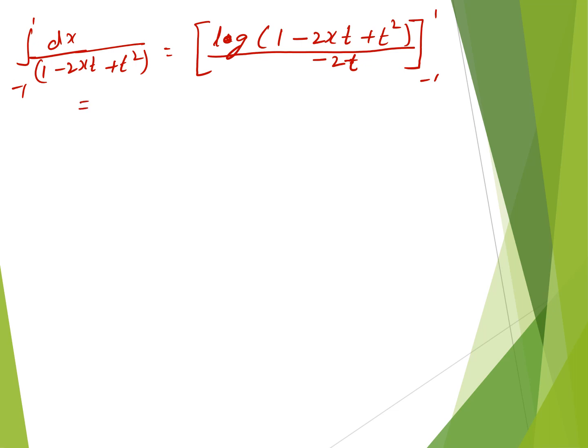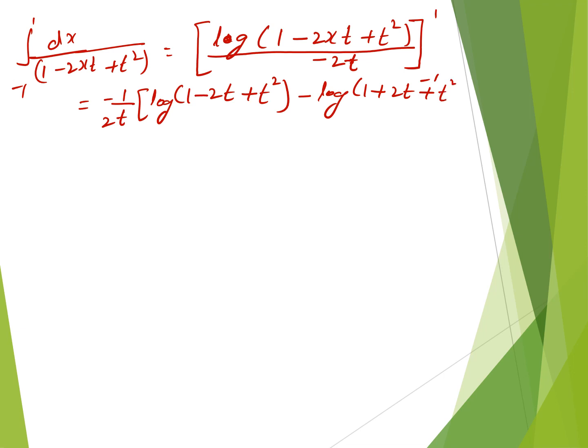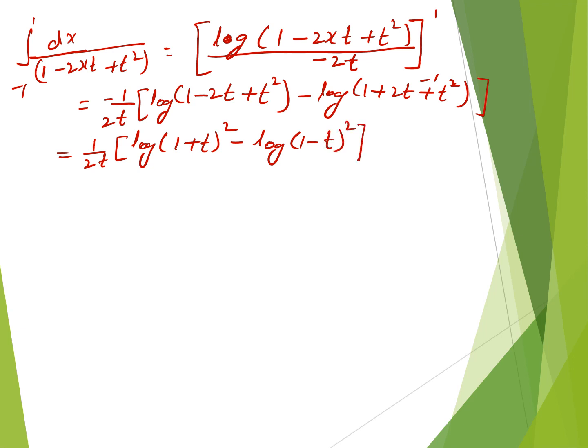This will be equal to minus 1 upon 2t [log(1 minus 2t plus t square) minus log(1 plus 2t plus t square)], and this is equal to 1 by 2t [log (1 plus t) whole square minus log (1 minus t) whole square], that is equal to 1 by t [log(1 plus t) minus log(1 minus t)].